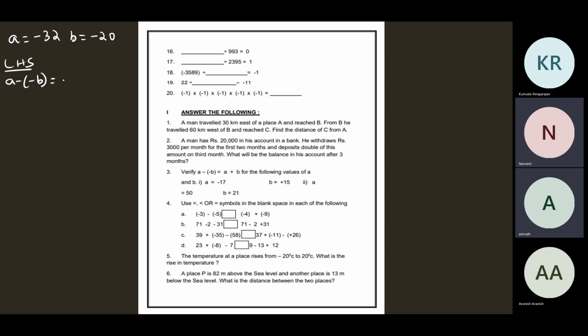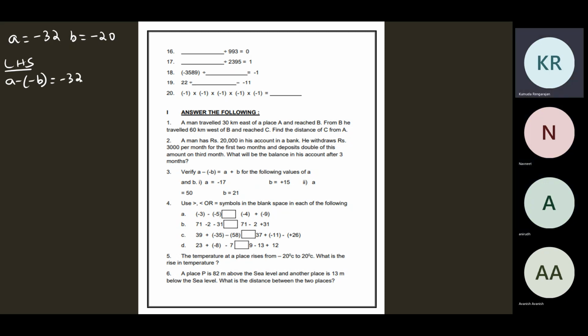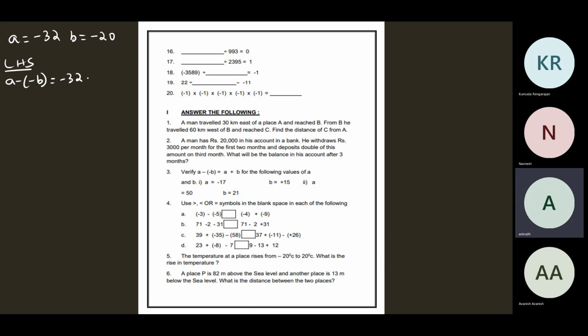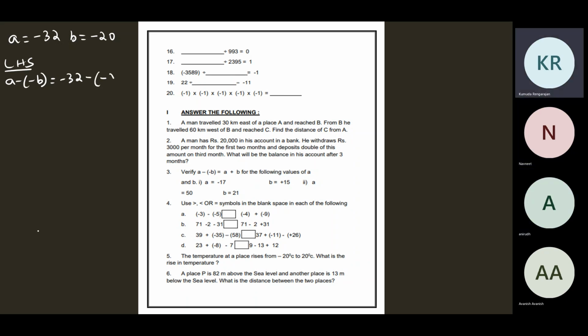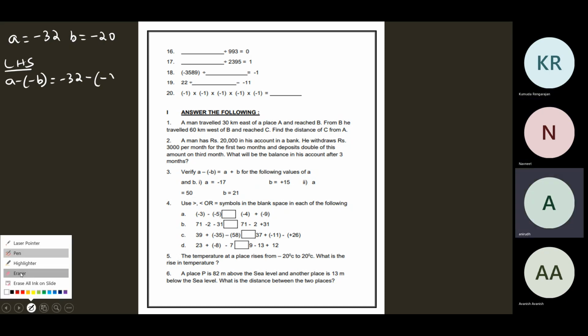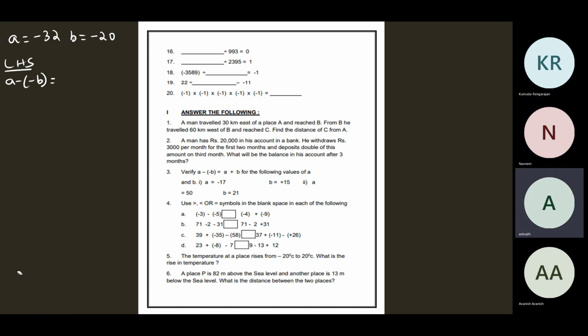Minus 32 minus 20. Ma'am, so minus 32 plus minus 20, ma'am. No, one minute. First step, minus 32, minus of minus 20. Wrong. Ma'am, that only there is in a step, ma'am. A minus of minus B. So minus 32 minus of minus 20.